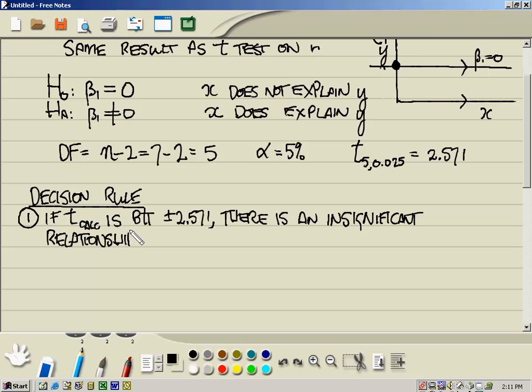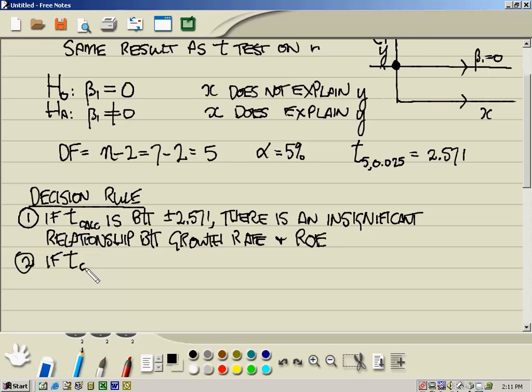Insignificant relationship between our two variables, growth rate and return on equity.